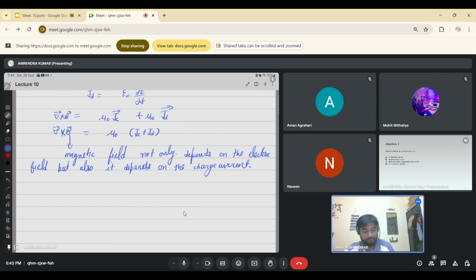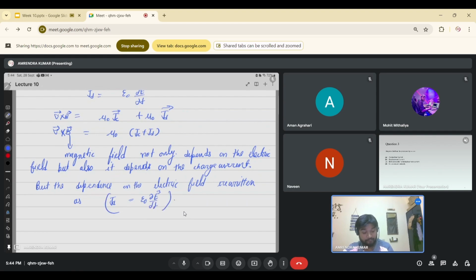The dependence on the electric field is rewritten as JD equal to epsilon naught del E over del t.